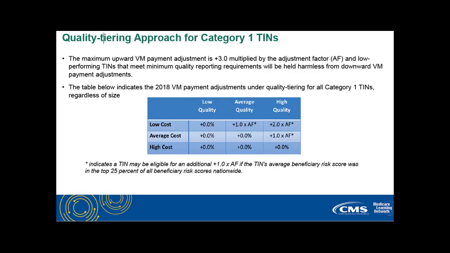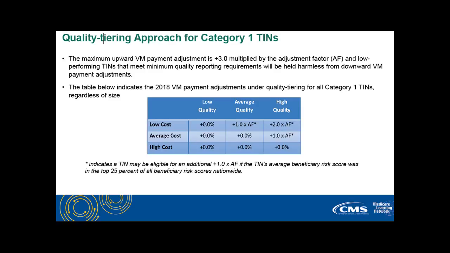So now, why is this important? Well, as we move forward, at the present time, the performance with respect to quality and cost placed together in value is rewarded, if you will, by Medicare in this chart.